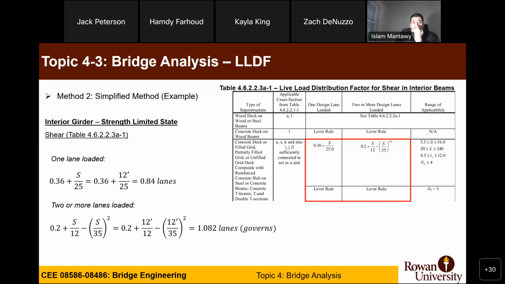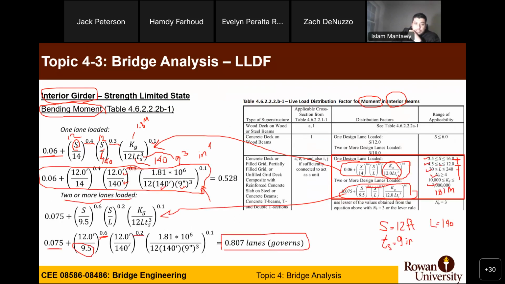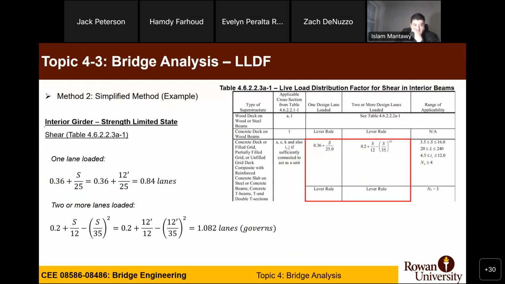So let's do the last one we did, moment for interior, correct? So this one is shear for interior. We need to go to the table that has the shear for interior, and we are section A, correct?